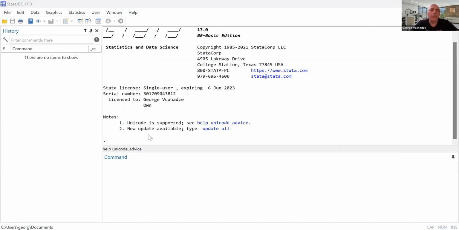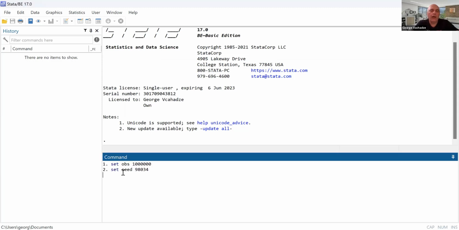First of all, we reserve the place for the simulation. So we set aside the space for 1 million observations, and we set the seed for the random number. By setting the seed, the program will get the same results no matter what machine you run it on.